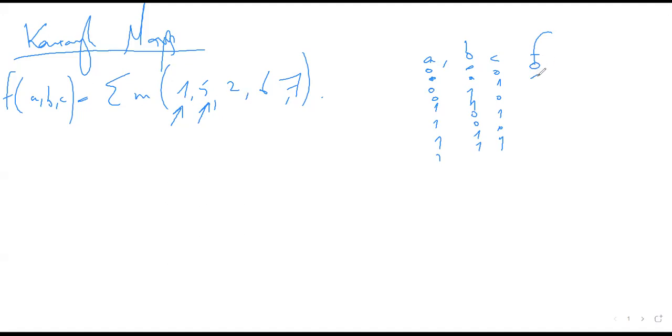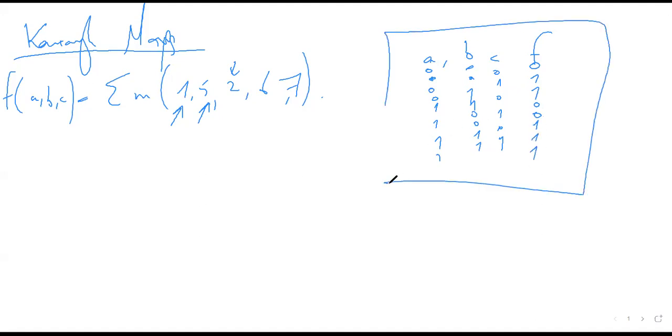The second value is 1, we have 1. M2 is 1, this one. M3 is 0, then 4, 5, another 1, 6, 7. Your truth table will look something like this, where you have your M0, M1, until you get to M7.